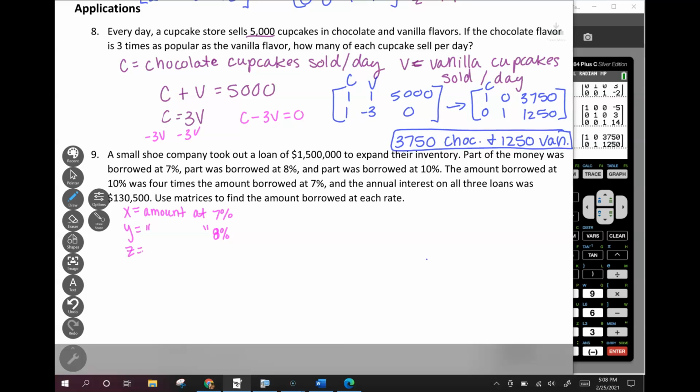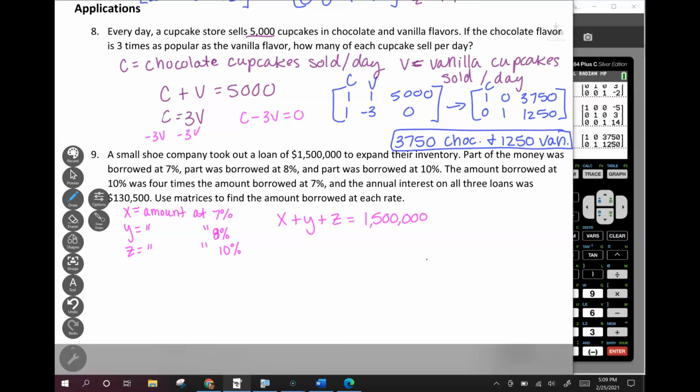And then Z is going to be my amount at 10%. Okay, so in total, we are borrowing 1,500,000, and so that's going to be X plus Y plus Z equals 1,500,000.